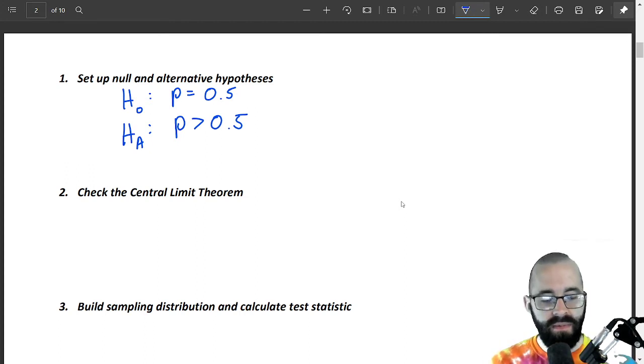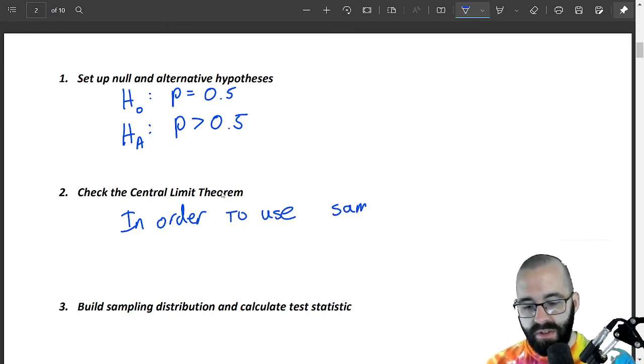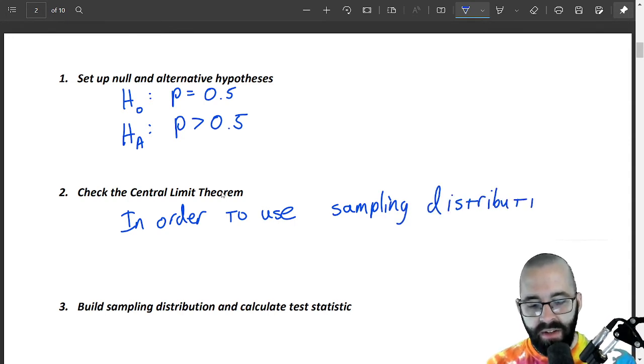And then we're going to need to check the central limit theorem. This is in order to use sampling distributions. We didn't check this in this video. We weren't formally doing a hypothesis test. And again, sometimes this is going to be for proportions.